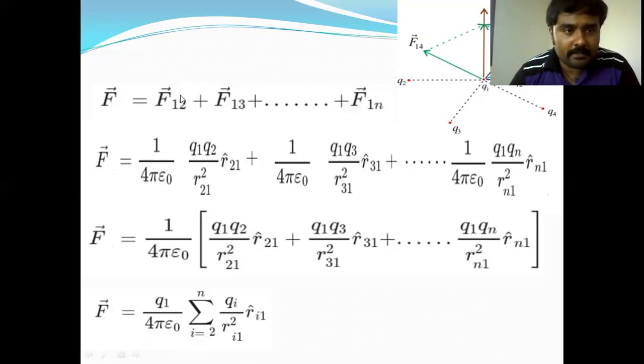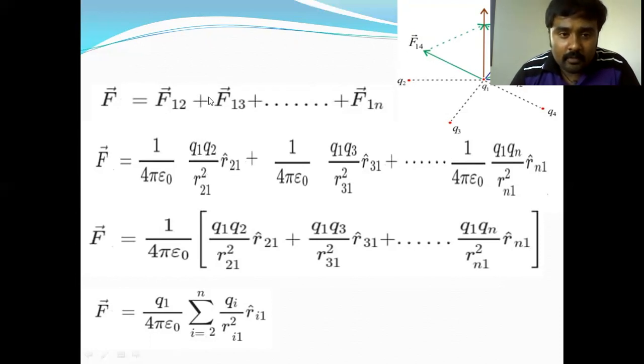So here, according to Coulomb's inverse square law in vector form, F12 vector means the force acting on plus Q1 due to plus Q2, that is repulsive. Its magnitude is 1 divided by 4 pi epsilon naught, Q1 Q2, and the distance is R21, so R21 square, into the direction R21 cap, directed from Q2 to Q1.